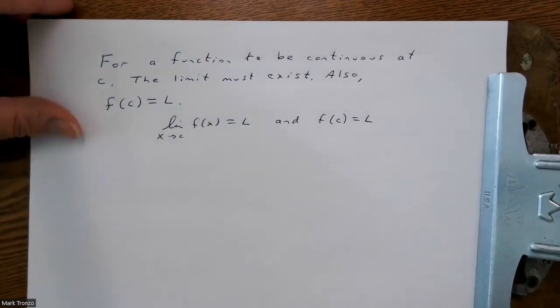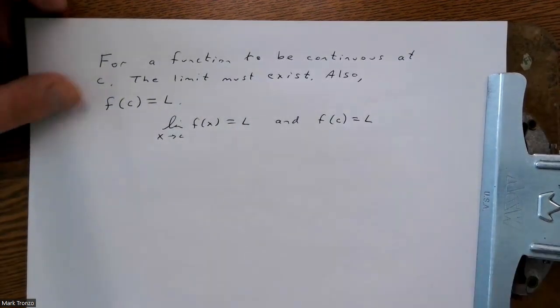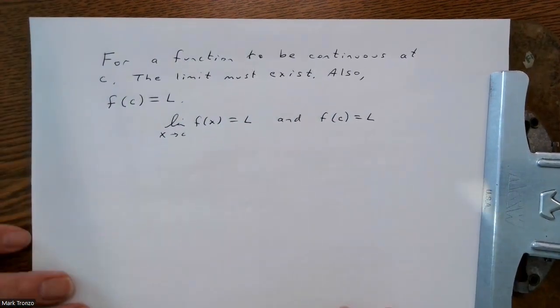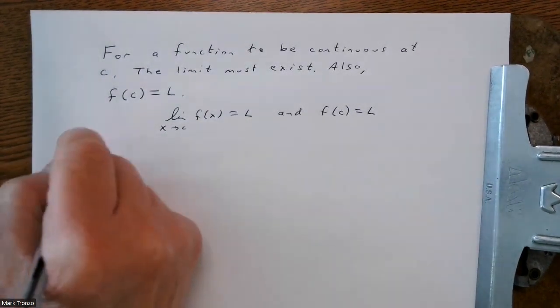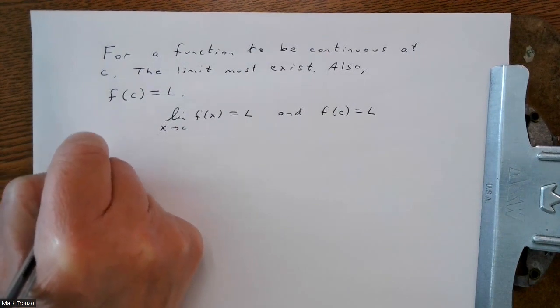And so we have another criteria. Again, this you didn't have in Calc 1, I'm pretty sure. It's called the sequential criteria for continuity. Let me give this a number.